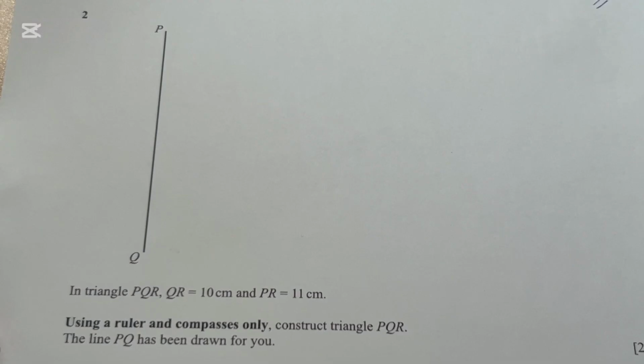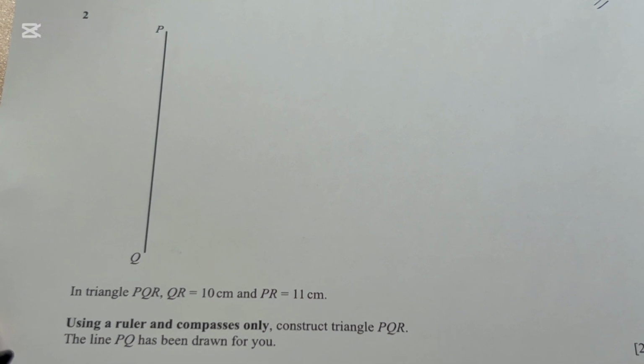In question 2, it says, in triangle PQR, QR is equal to 10 centimeters and PR equal to 11 centimeters. Using a ruler and compasses only, construct triangle PQR. The line PQ has been drawn for you.